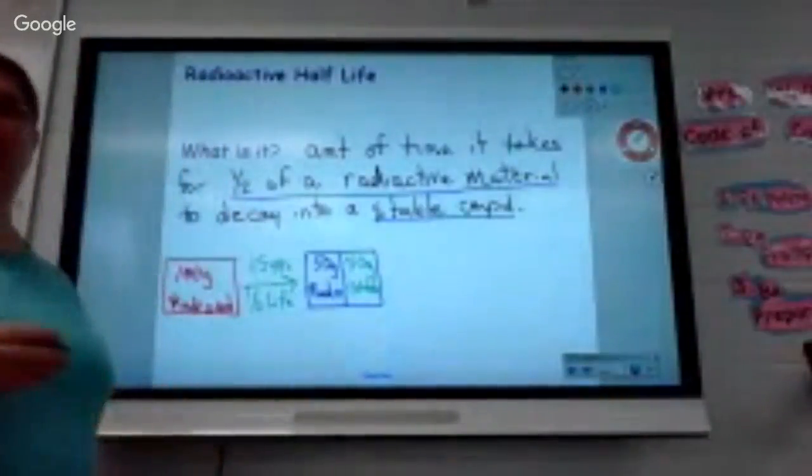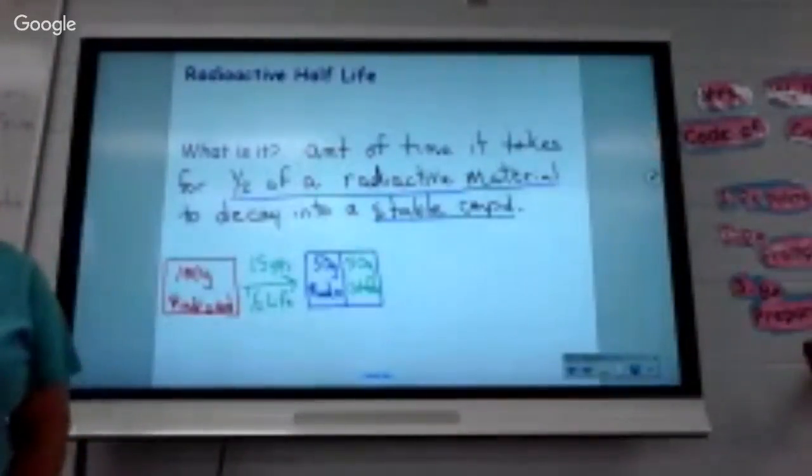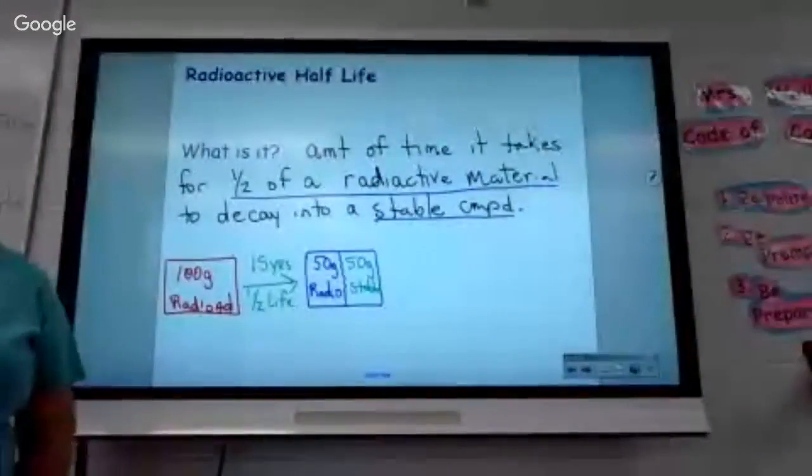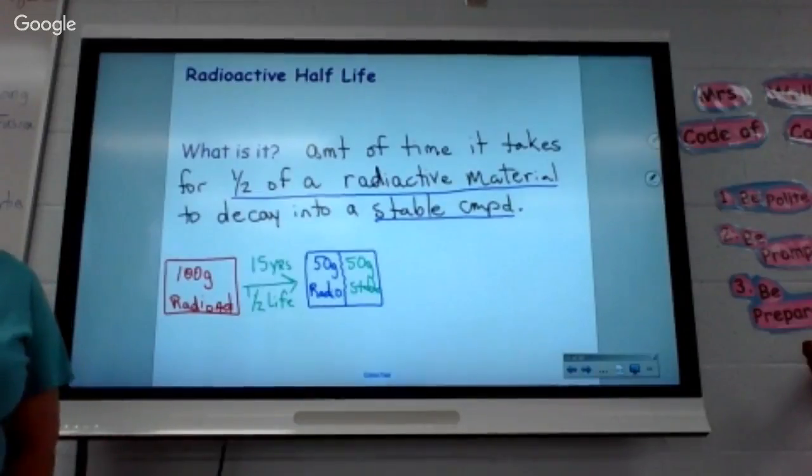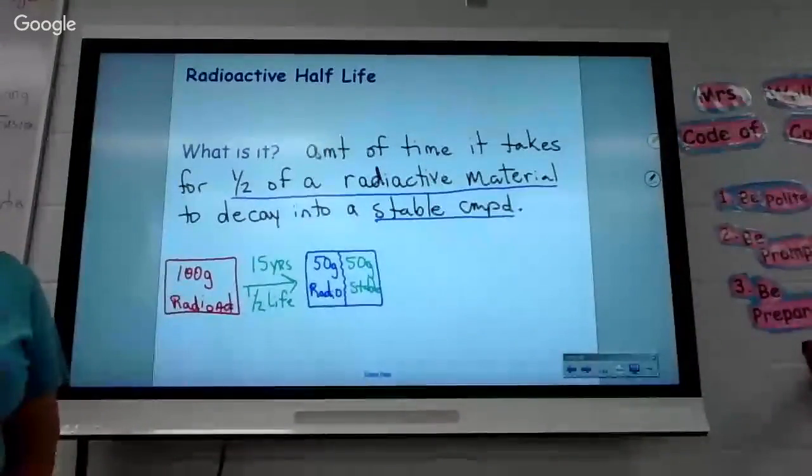So what a half-life means is after that 15 years goes by, half of that material decays into something that is stable, but you still have half of it left that is radioactive, poisonous, bad for the earth.